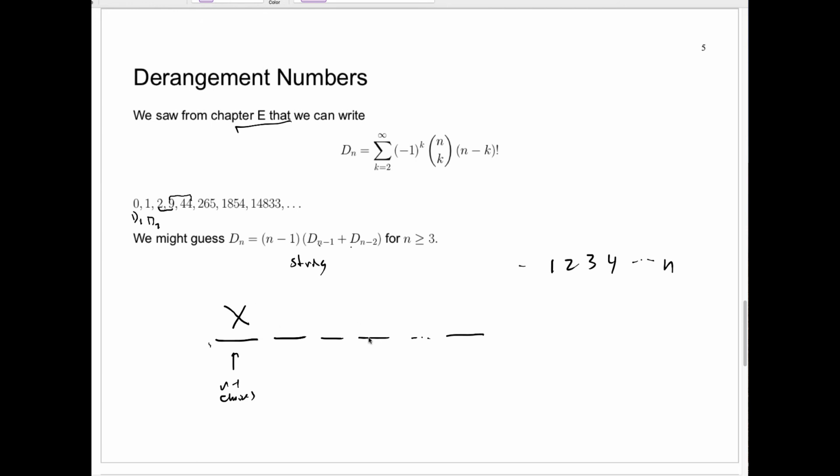And then we're going to look at two cases on how to finish the string. Let's look here. Let's say this string, I'm going to write it really big. Here, this is an n-letter string. Here, n minus 1 letters, or spaces. This is where the x came from.